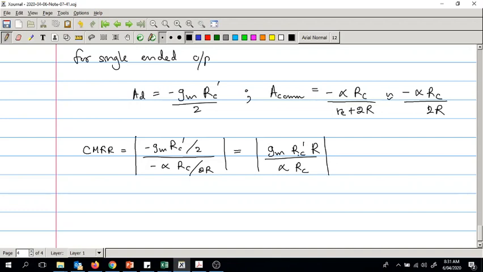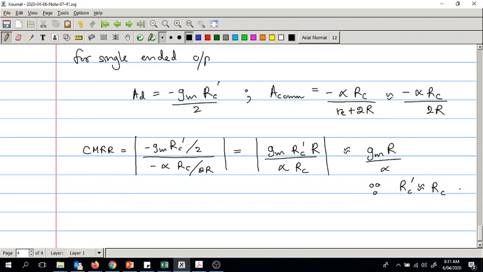Now RC dash is the parallel combination of R out and RC. R out is very large, so we can approximate these two together, which will cancel out as well. So it approximates to GM R over alpha, right? That is because RC dash is approximately equal to RC, right?